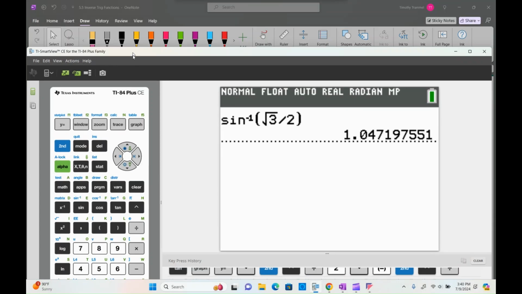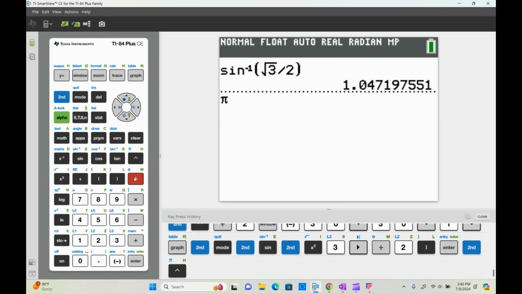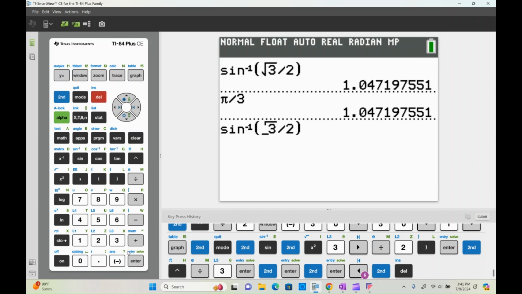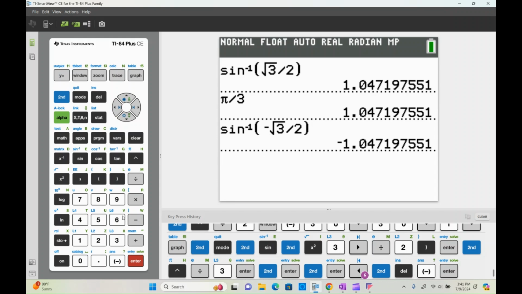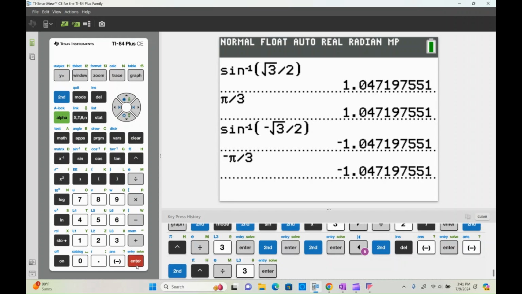So the question is, is that equal to what we wrote, pi over 3? So if I type in pi over 3, you'll see we get the exact same decimal approximation. So we know we've done this right. And you could do the same thing with the one with the negative. Insert the negative there. And if I type in minus pi over 3, again, you'll see we have the same decimal approximation. So we're doing fine so far.